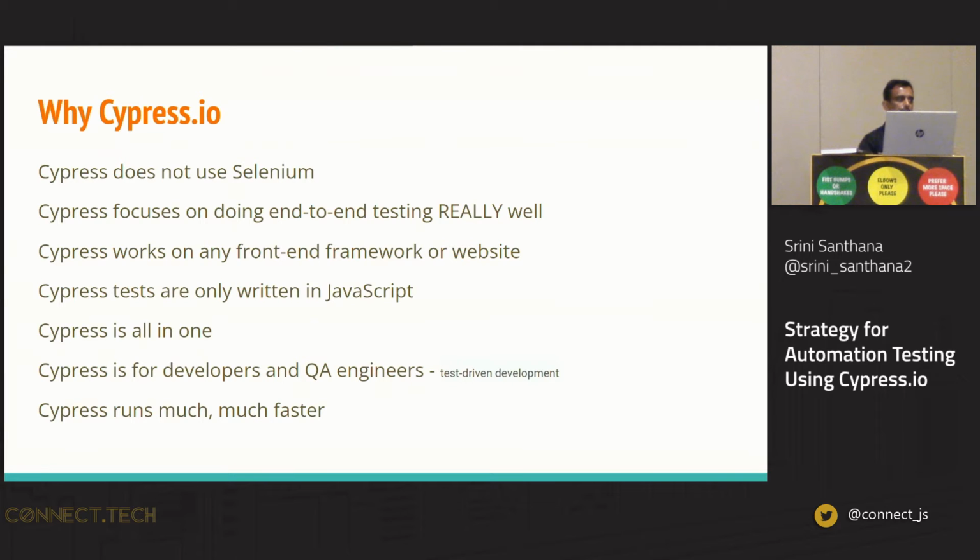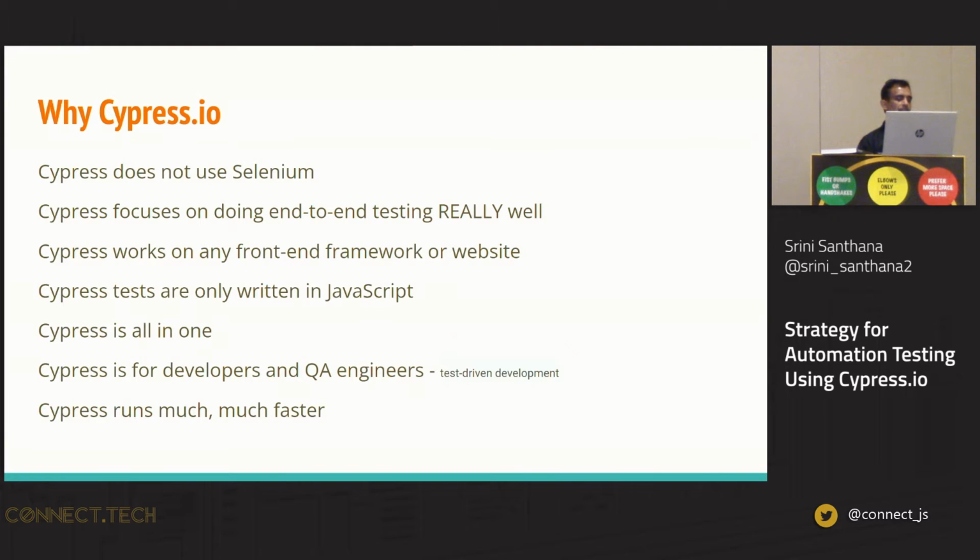So the developers can write it, and of course the QA also can write it. We encourage the QA, we respect the QA, we need them in our process, so they will also be writing these tests and testing this. So it's for both developers and QA, and the boundary is disappearing here.